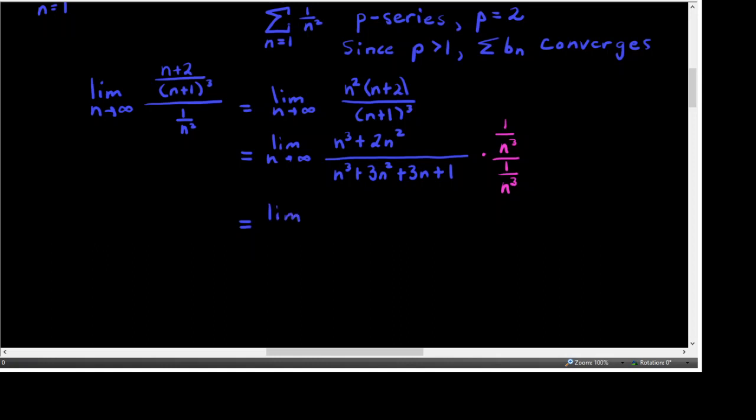Distributing the 1 over n cubed, I'll get 1 plus 2 over n divided by 1 plus 3 over n plus 3 over n squared plus 1 over n cubed.